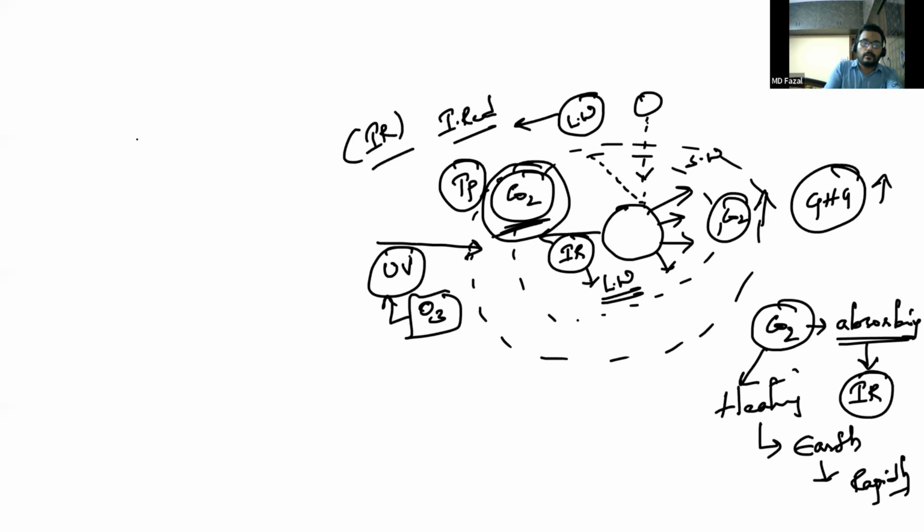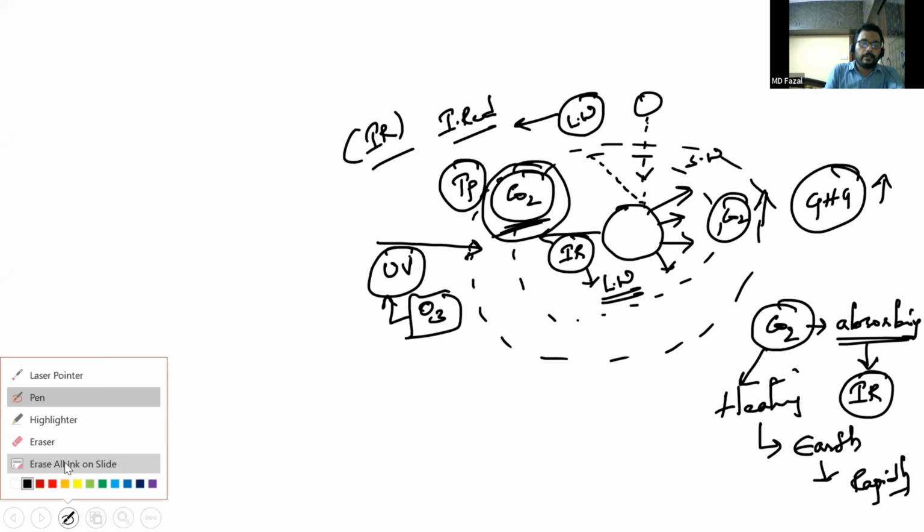In a simple diagram, this is the sun. It emits a lot of short waves, visible and invisible, for example UV rays.